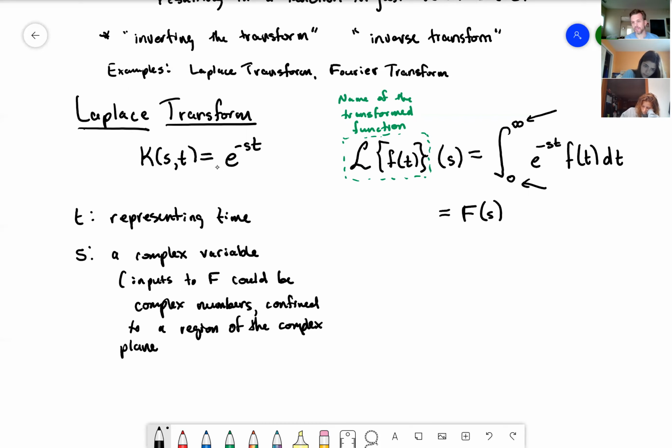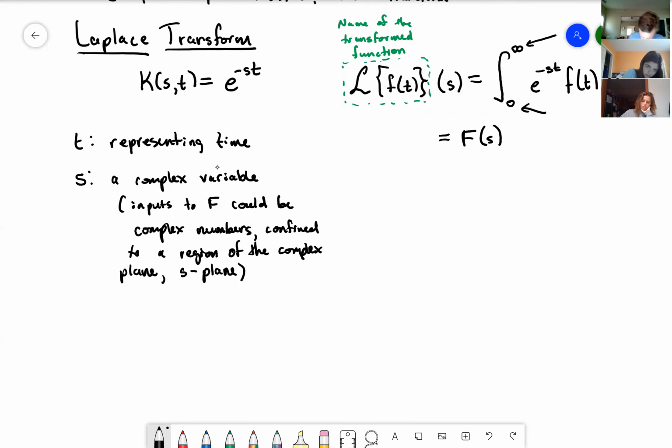We represent complex numbers existing in a 2D plane. They have a real part and they have an imaginary part. This part of the complex plane that we restrict the s to is called the s-plane. So these s's represent, well, it's only slightly more complicated than this, but they basically represent frequencies of oscillation.